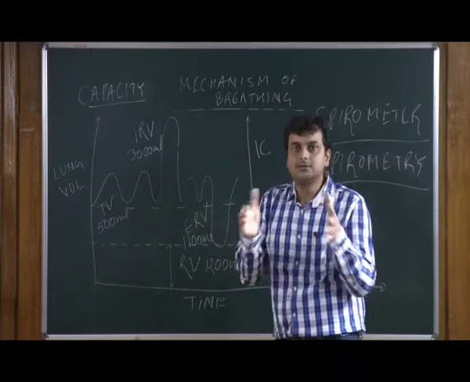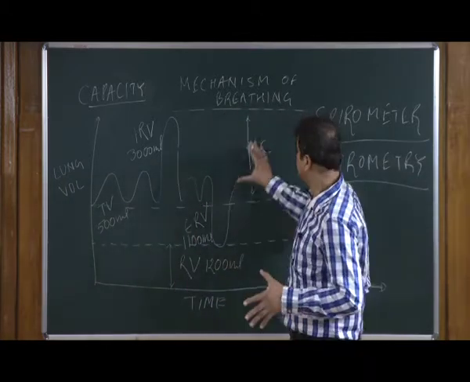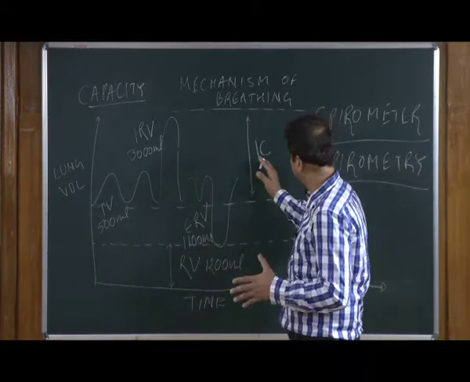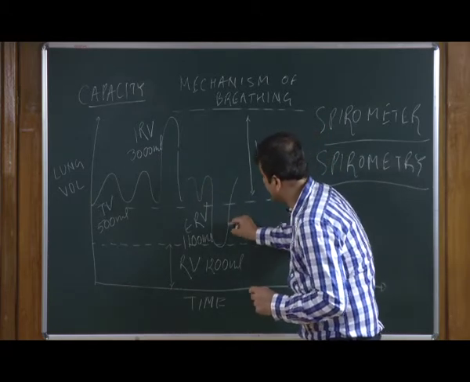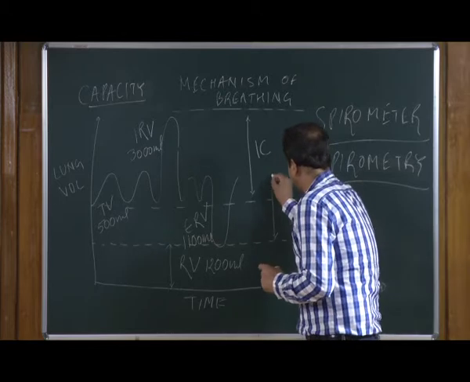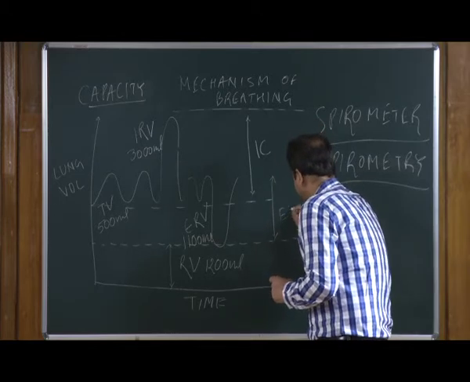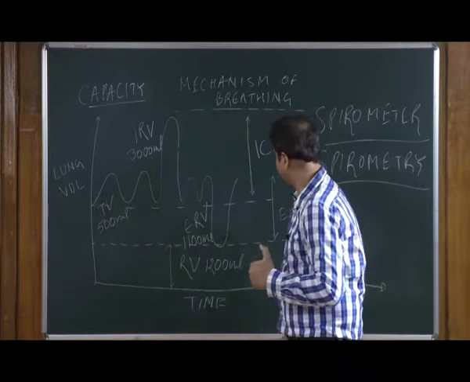Just to give a fancy name to this picture, we are calling it inspiratory capacity. Similarly, when we combine the tidal volume and expiratory reserve volume, we can call this expiratory capacity. So, inspiratory capacity and expiratory capacity.